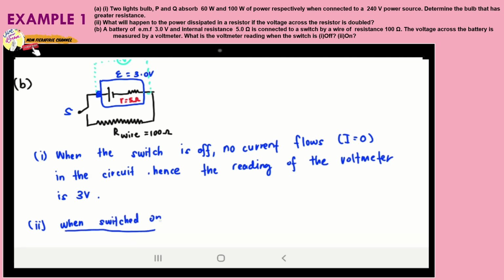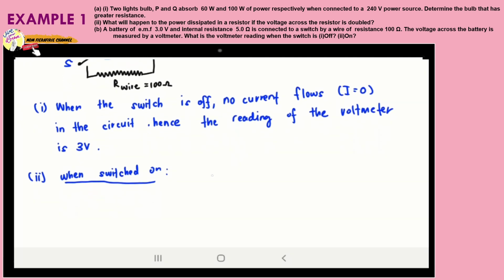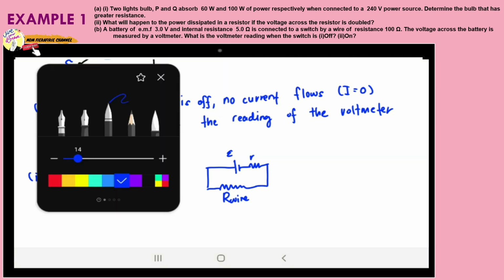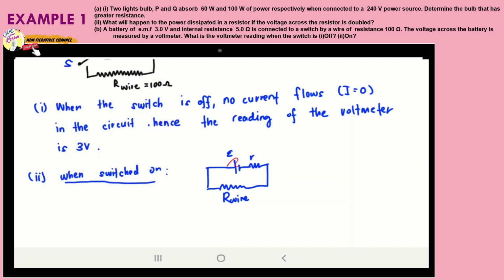Now when the switch is on, let's draw. This is R wire, r, and this is EMF. What happened when the switch is on?